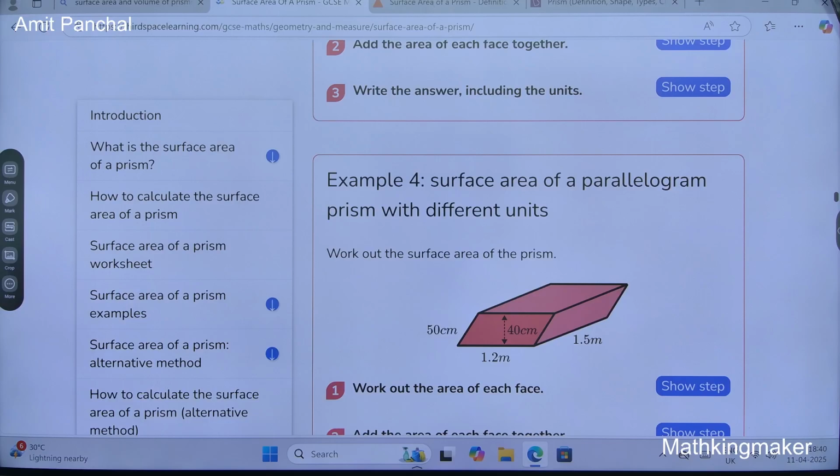And somewhere centimeter is also given, so you just have to convert it into meter. Okay, sir.